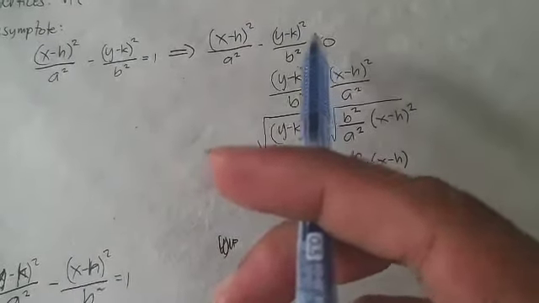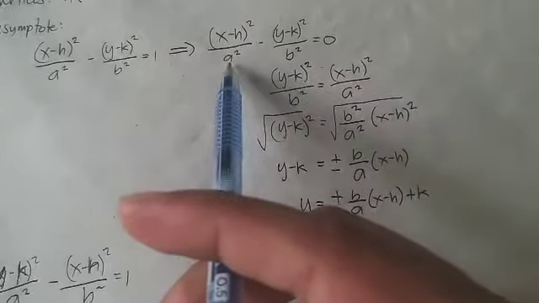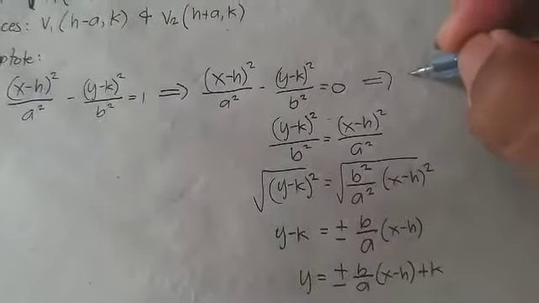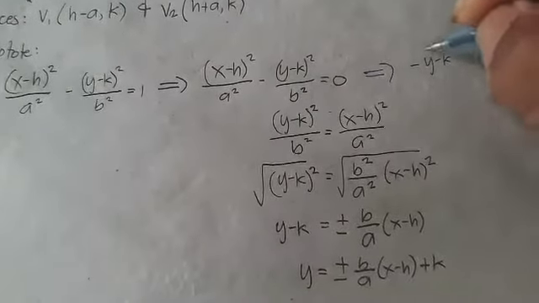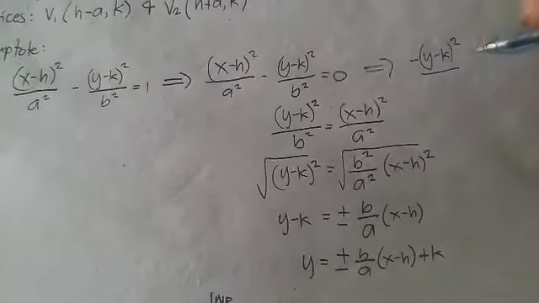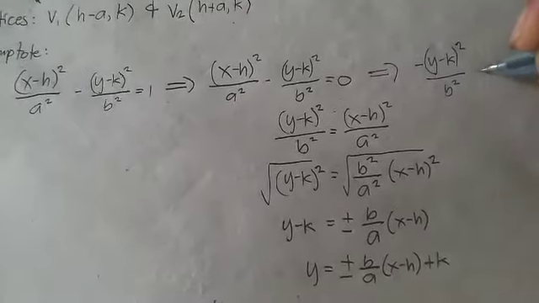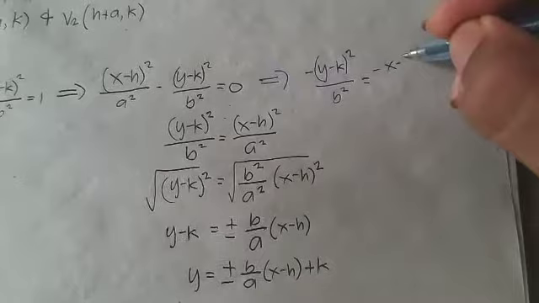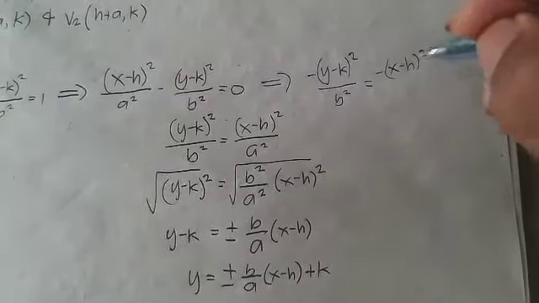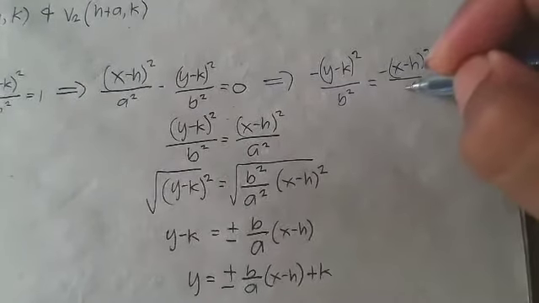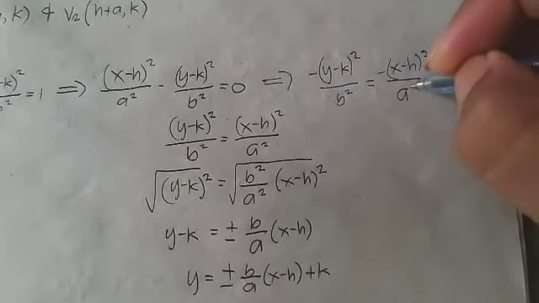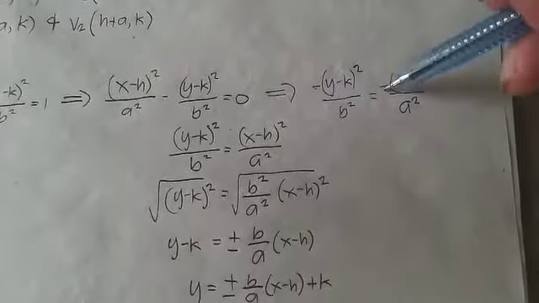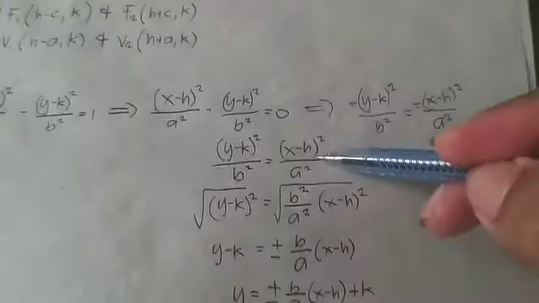So to solve for y, transpose this, mahimo man ni siyang equal to negative y minus k squared over b squared. Transpose na to si x, so we have negative x minus h squared over a squared. But since they are both negative, pwede rin na nato himong positive.